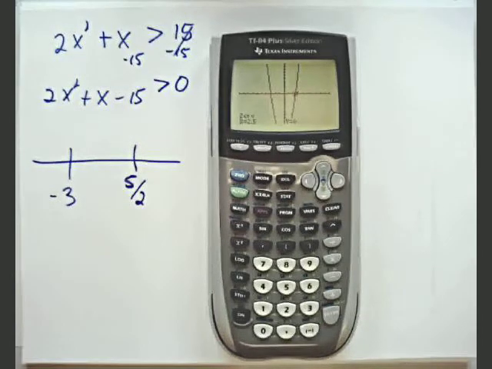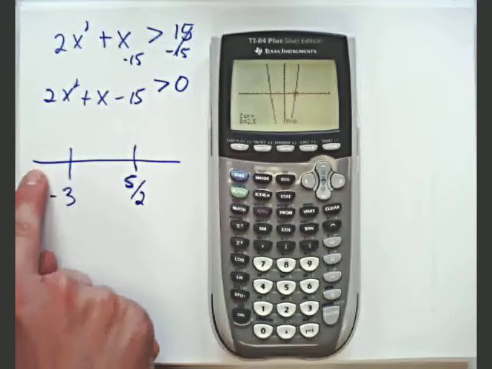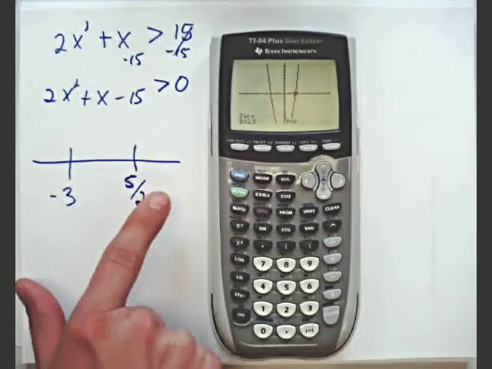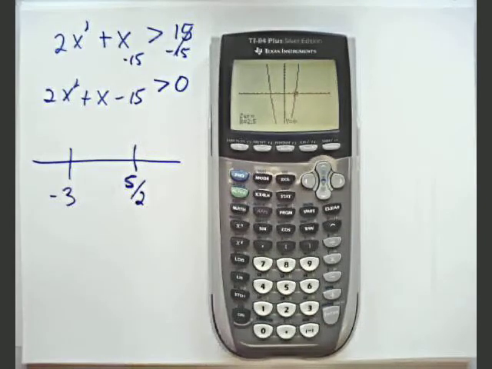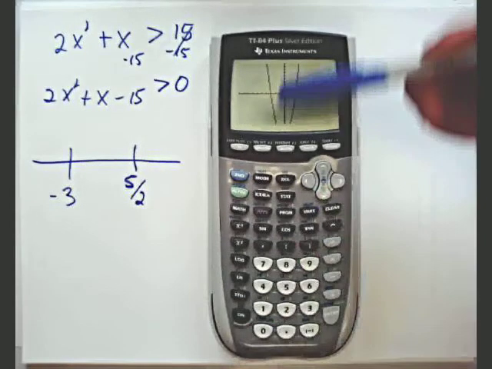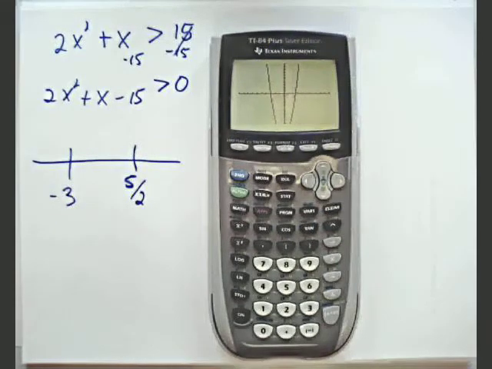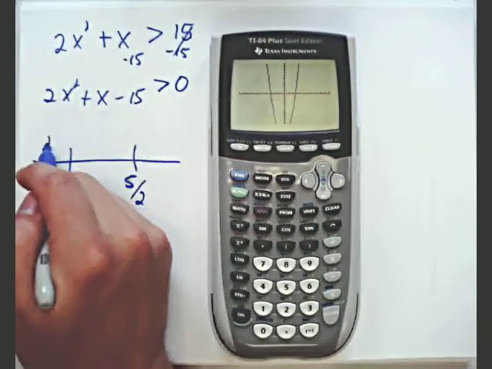So there are steps 2 and 3. Step 4 is to make a note as to whether the function is positive or negative on these intervals: less than -3, between -3 and 5/2, and greater than 5/2. So if we look to the left of -3, the graph is here above the x-axis, so we'll say positive.